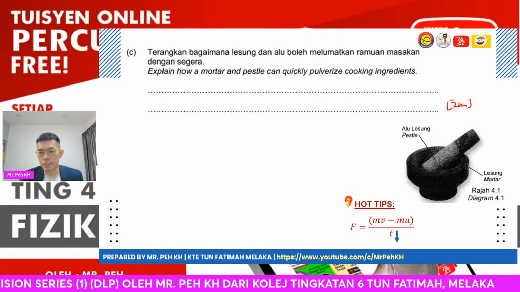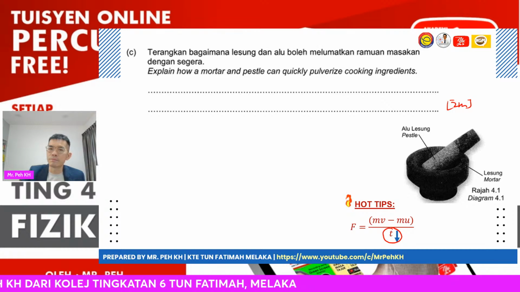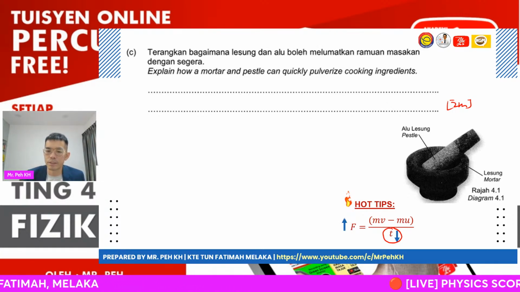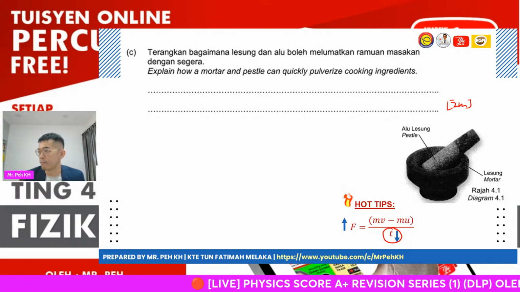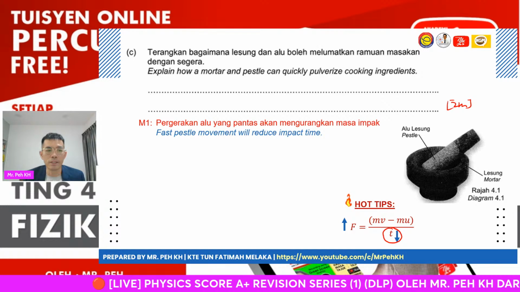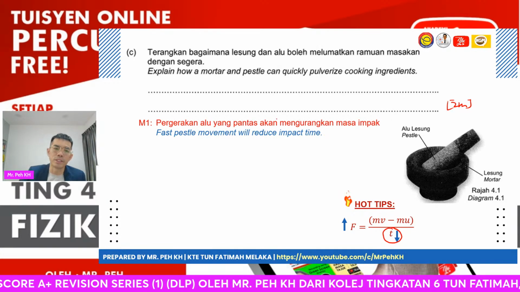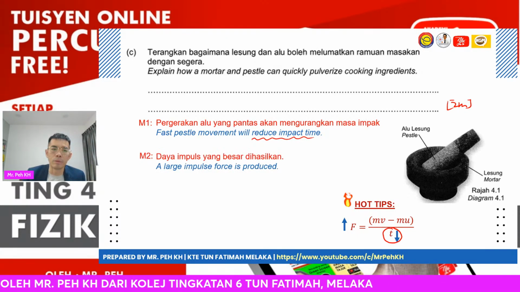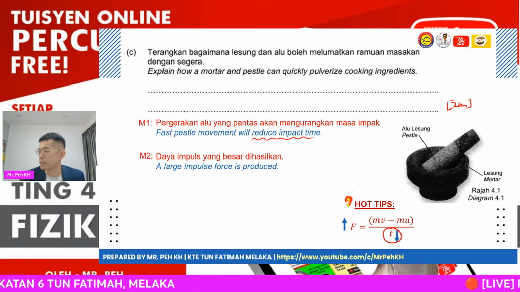First, the time taken is very short. And then this causes the impulsive force to be greater. So firstly, faster movement will reduce the time of impact. Then second, this will produce a large impulsive force. So this will be the reference for this question.